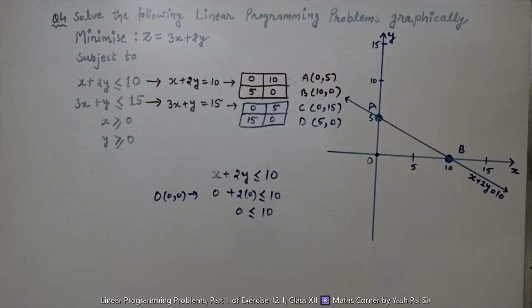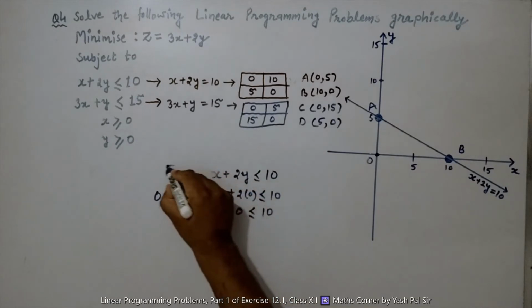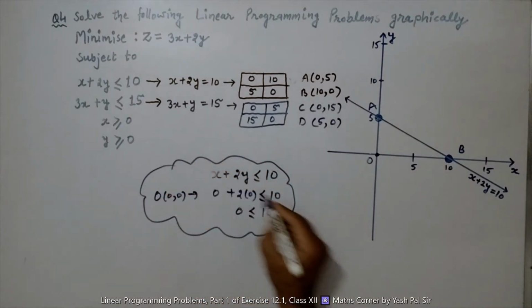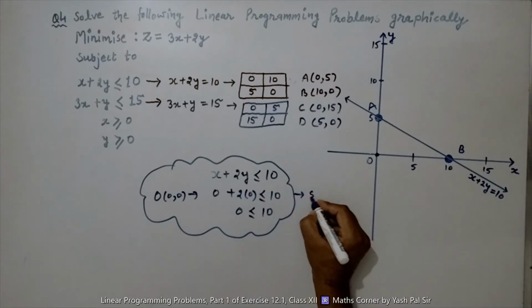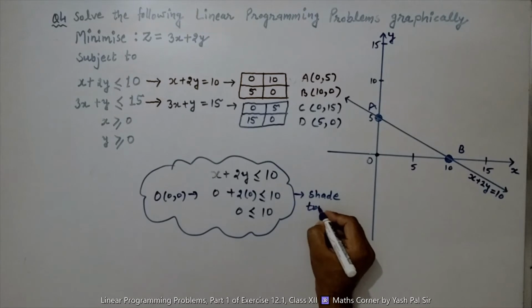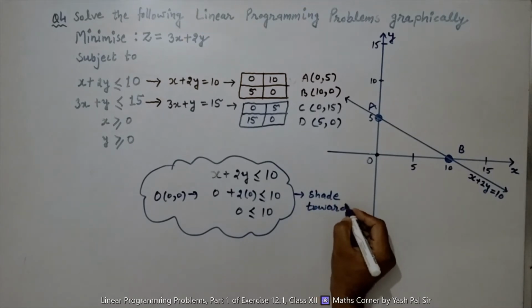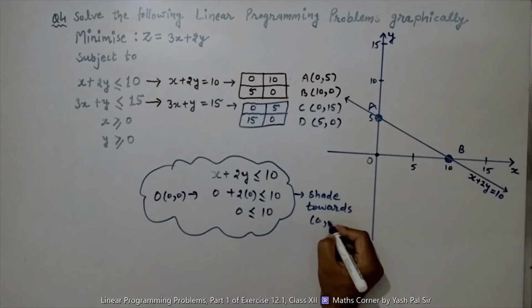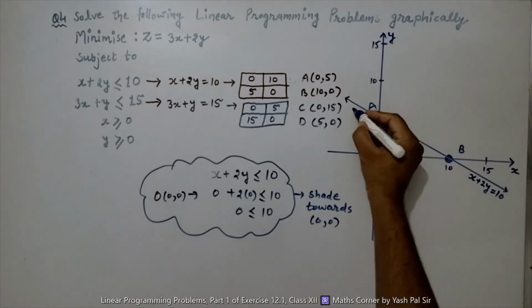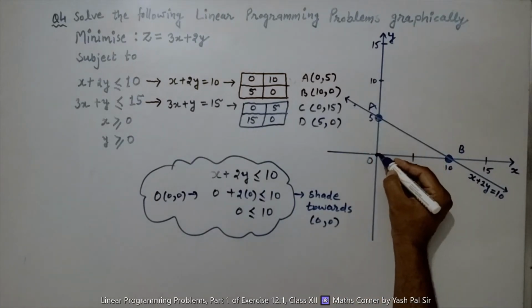So conclusion is shade towards 0, 0, because this is true. True mean towards 0, 0. False mean away from 0, 0. Right? So this way we are shading.